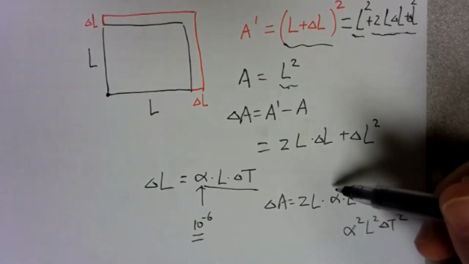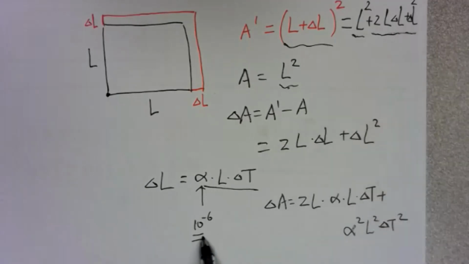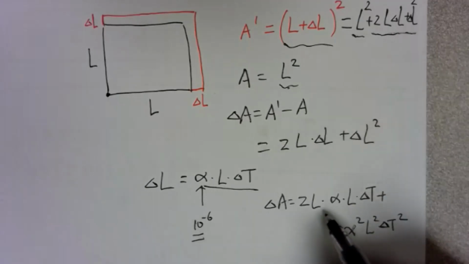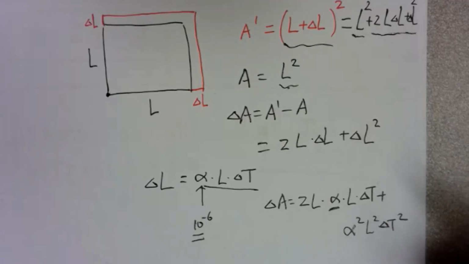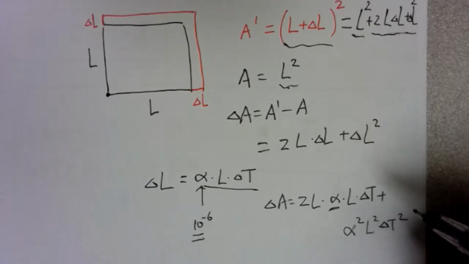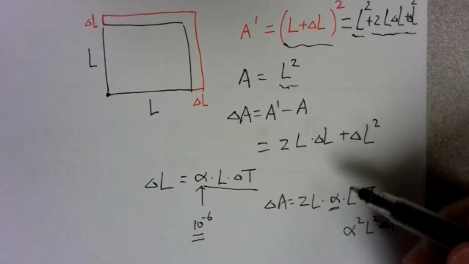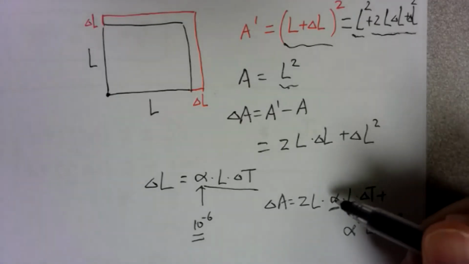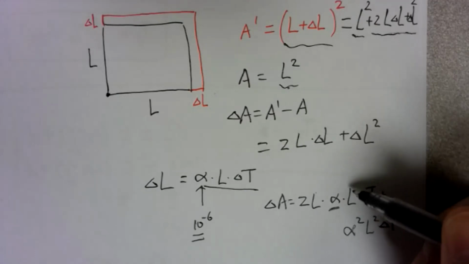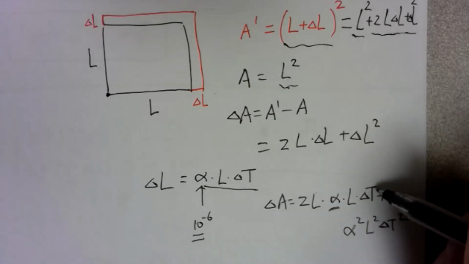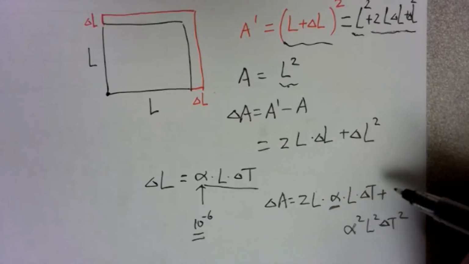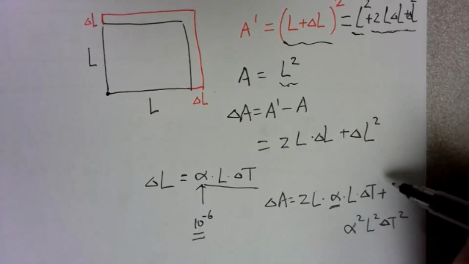So alpha is on the order of 10 to the -6. So the first term has alpha here, and this is L and L squared, right? And delta T. So typically the change in temperature may be 10 degrees, 20 degrees, whatever.